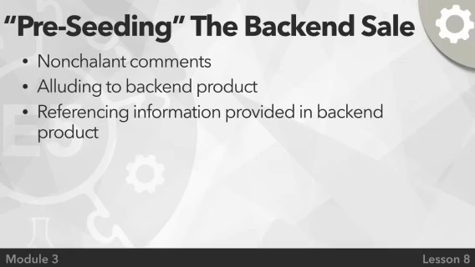For right now, for this training, I want you to understand the first 2. The first one is blah, blah, blah, blah, blah, right? So I'm referencing information provided in the back-end product. It's not an explicit pitch. I'm not trying to convince them to get the product. I'm not explicitly selling anything. I'm simply referencing information that was provided.